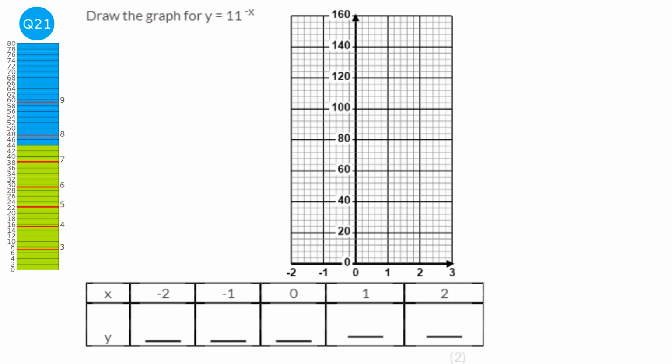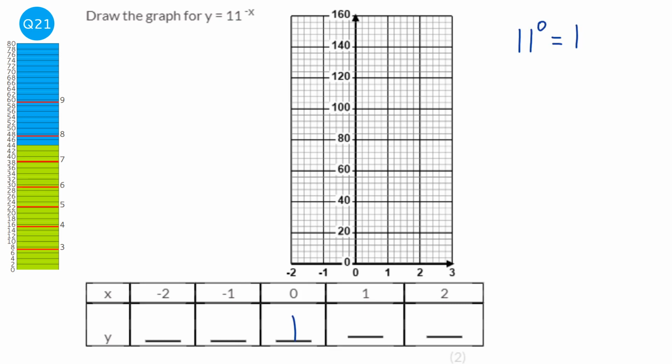So with any curve, when we do the graph, we want as many x coordinates as possible. And here we're given a table to use. So we're going to start off by doing 11 to the power of minus 0, so this one here. And 11 to the power of minus 0 is just the same as 11 to the power of 0, and anything to the power of 0 is 1. So this will be 1.